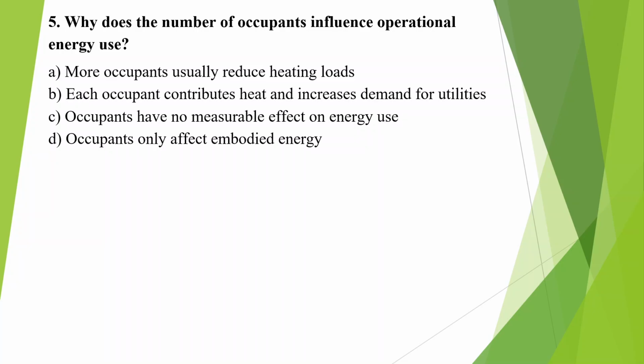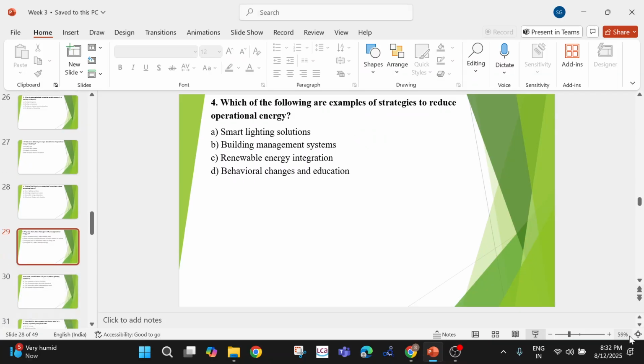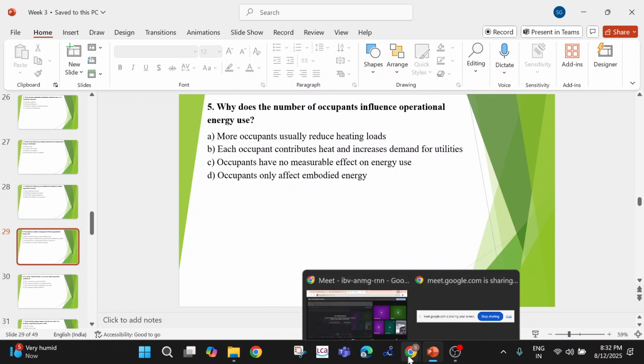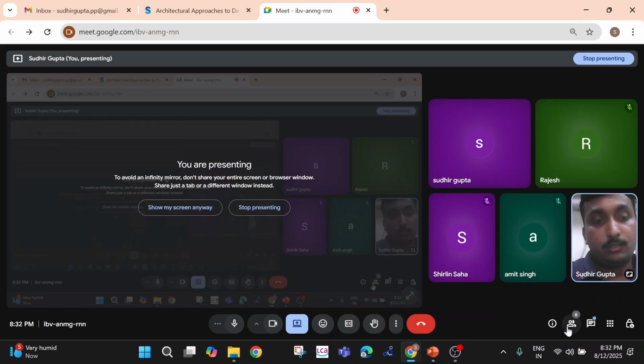What do you think is the most appropriate answer? So mention your answer in the chat box. I think most of you have answered. Let me see how many of you have understood the question and answered it correctly.